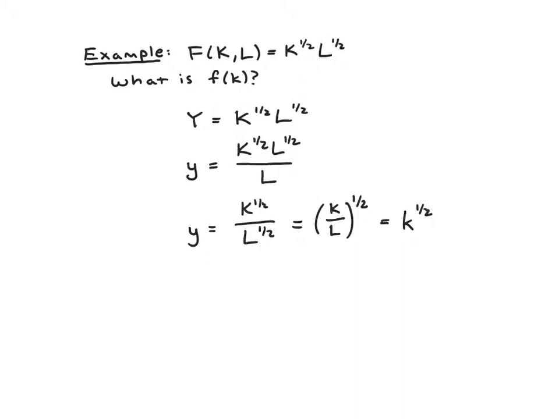And of course, little k to the 1/2 is just the square root of k. So this production function in intensive form, it turns out, is fairly simple. It's just the square root of k. So this is our little f of k. So what looked like it was complicated to start with turns out to be fairly simple once you work through it.